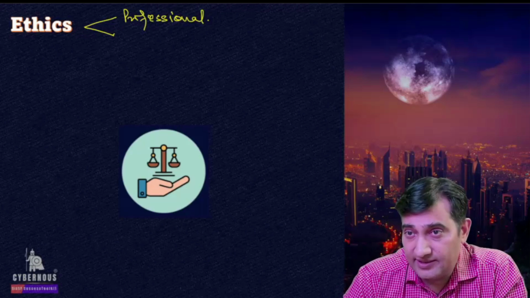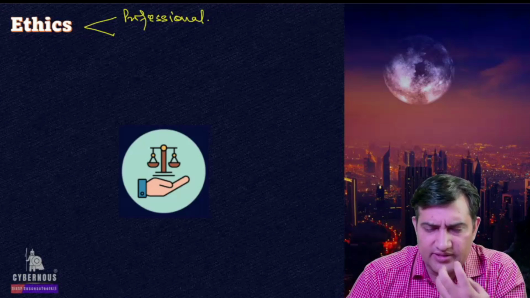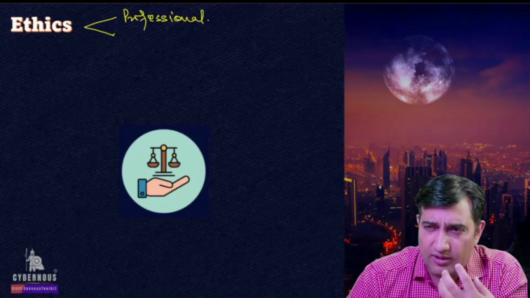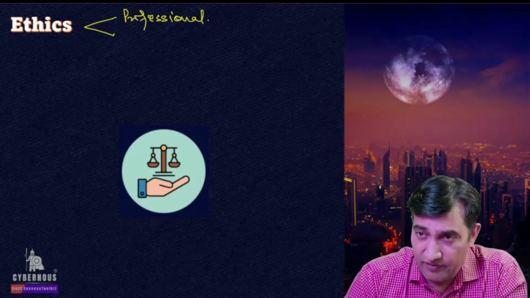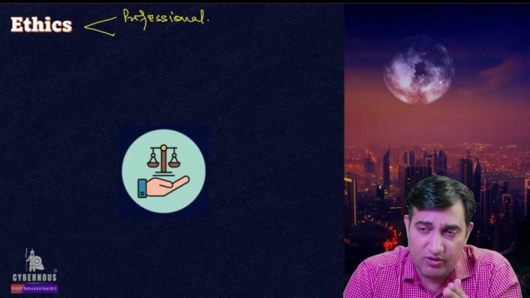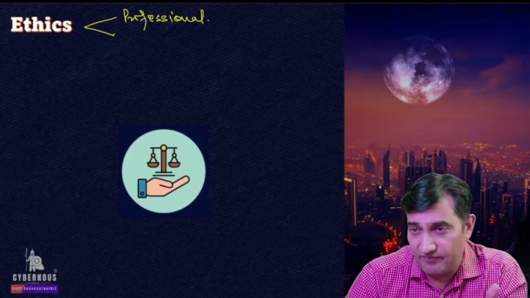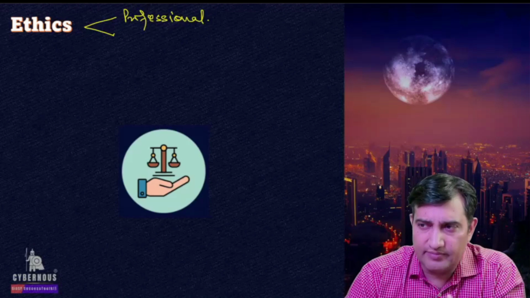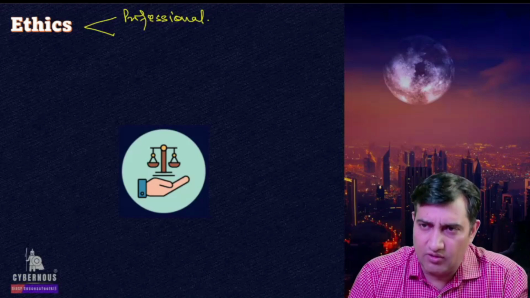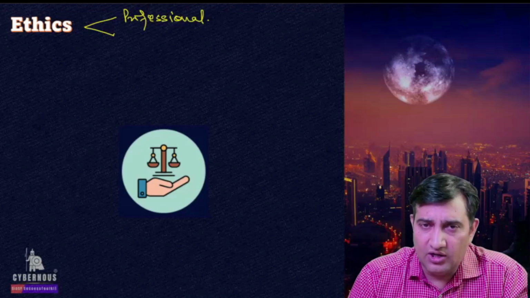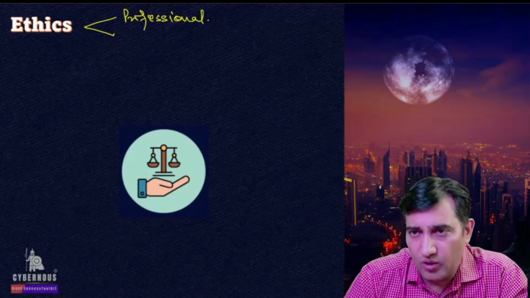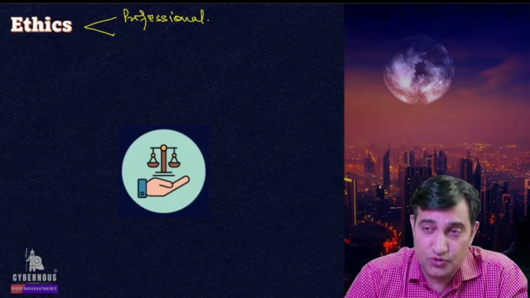What is ethics? It is a particular belief or behavior of a person, even if that person is not under any kind of monitoring, because it comes from within the person. So that is what professional ethics is, and that is what you should know.